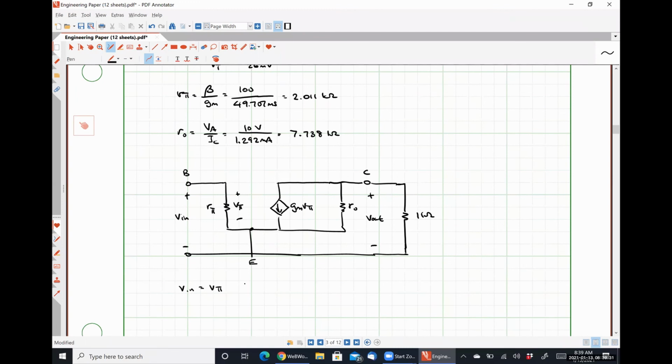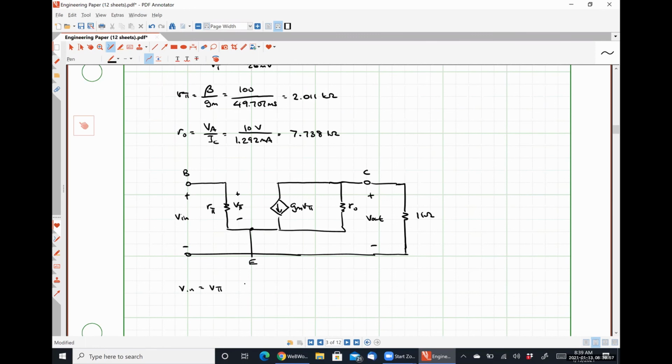V out is the drop over the 1 kilo ohm resistor, and also the drop over the resistance r_o, because those two are in parallel in the small signal model. When we turn off our 2.5 volt source, it's the same as shorting it to ground, so we consider that to be an AC ground effectively.